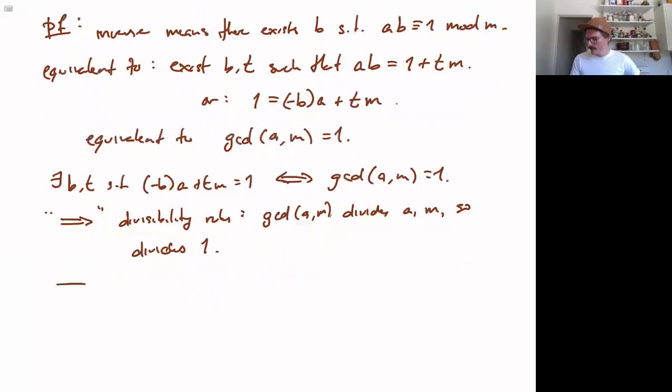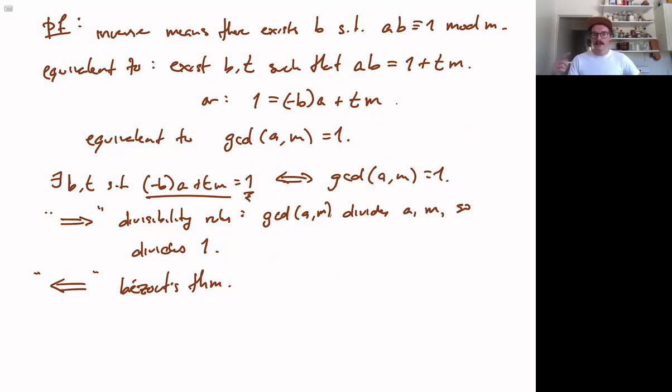So that's that direction. What is this direction? This direction, remember, is exactly Bezout's theorem. Bezout's theorem says if your greatest common divisor is whatever, then you can find a linear combination of those two things that equals the greatest common divisor.